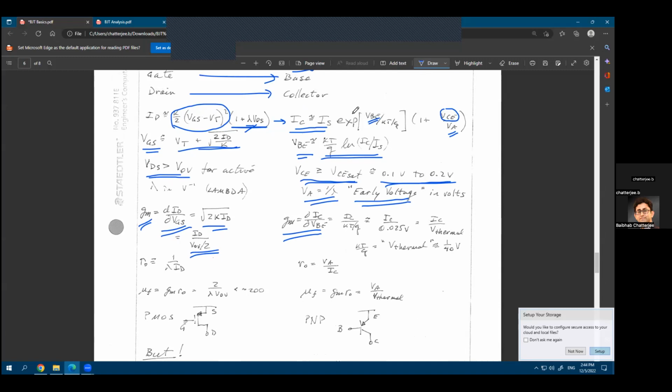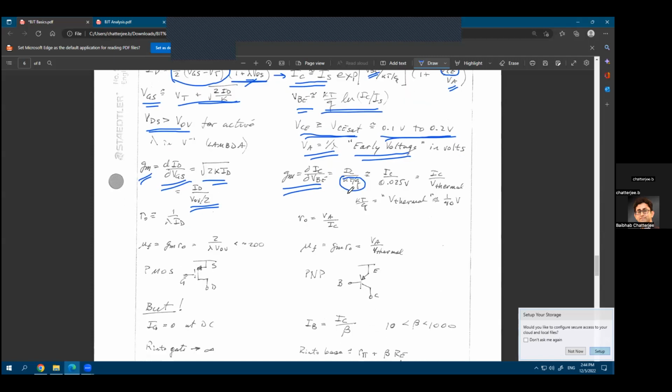Now remember, this is an e to the power VBE form, so when you differentiate it, the e to the power term will remain. It will be IS times e to the power VBE over kT by q. Then you differentiate VBE over kT by q once more because of the chain rule, so that gives you this additional term of q over kT. So your gm is nothing but IC over VT, or IC over kT by q, for a BJT.